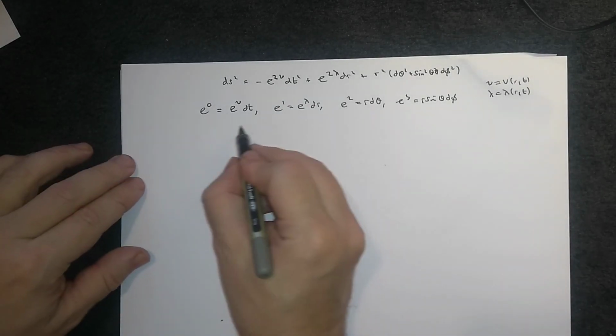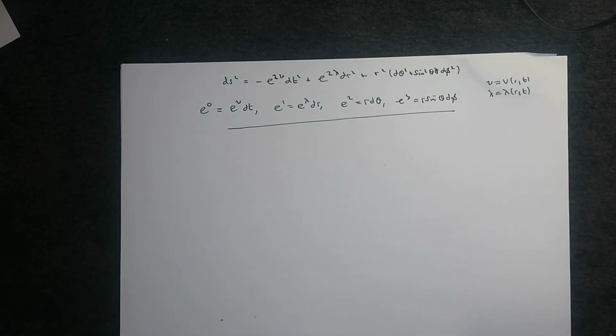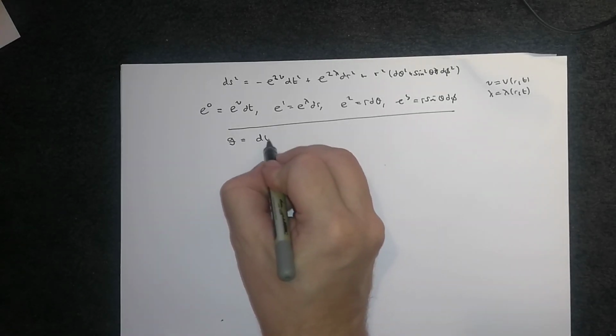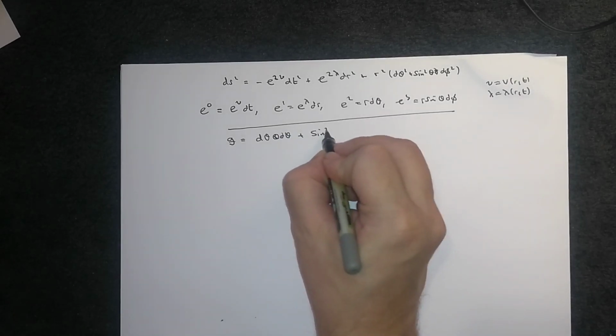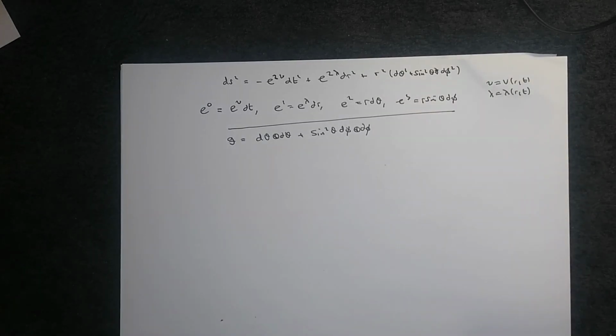Okay, we'll put those to one side for a second, and now consider the question of spherical symmetry. Let's consider the two-dimensional metric, which is the round metric on the unit sphere. I want to know what the Killing vectors of this metric are.